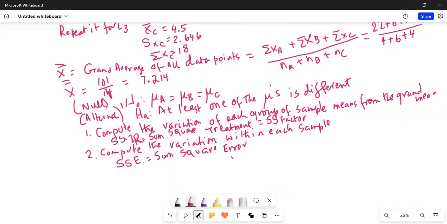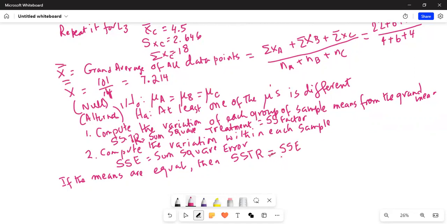The whole idea in ANOVA is that if the means are equal, then the sum square treatment, or the variations of the sample means from the grand mean, should be almost equal to the sum square error, or variation within each sample.